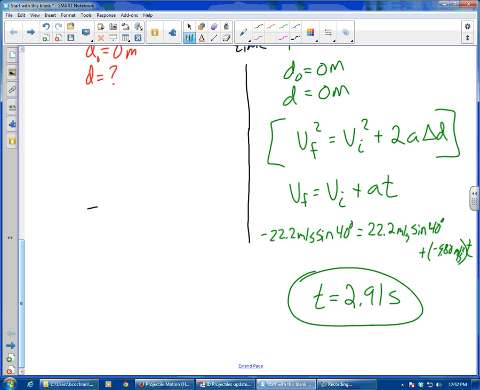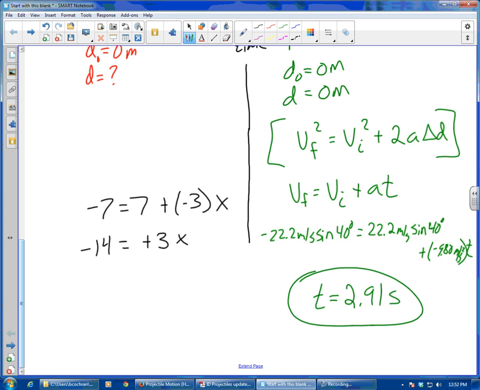I've got negative 7 equals 7 plus negative 3x. How am I going to solve for x? First I need to get negative 3x by itself. So I'm going to bring the 7 over here and have negative 14 equals negative 3x.